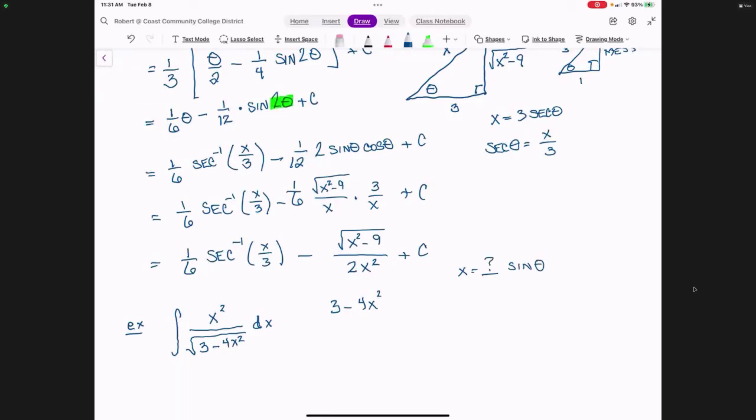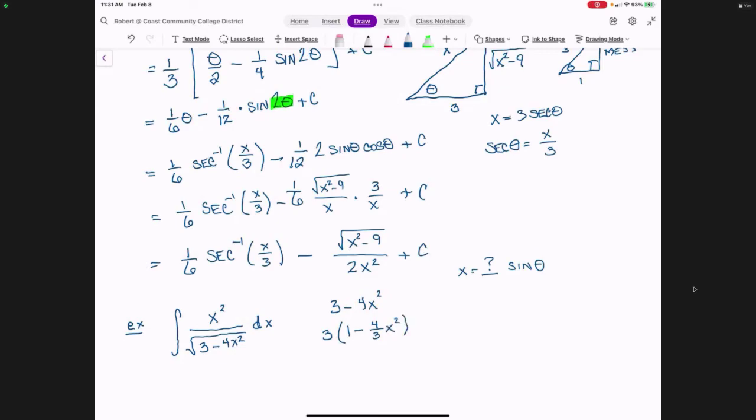So the question is, what is it that I'm going to put there? The way I do these is I'll factor the 3 out and get 1 minus 4 over 3 x squared.